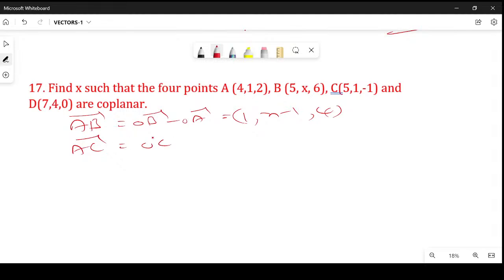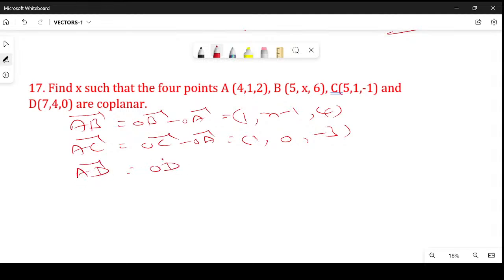Now AC bar is OC bar minus OA bar. OC minus OA: 5 minus 4 is 1, 1 minus 1 is 0, and minus 1 minus 2 is minus 3. So AC bar is (1, 0, minus 3). Now I can also consider AD bar. What is AD bar?